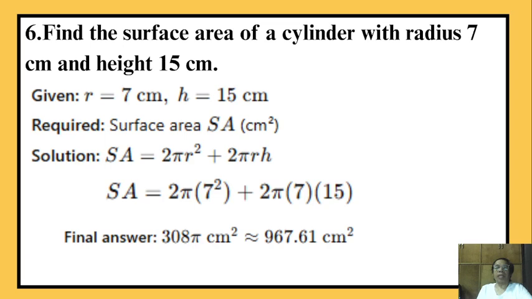Substituting the given radius together with the height, the final answer is 308 pi centimeters squared, or approximately 967.61 centimeters squared.